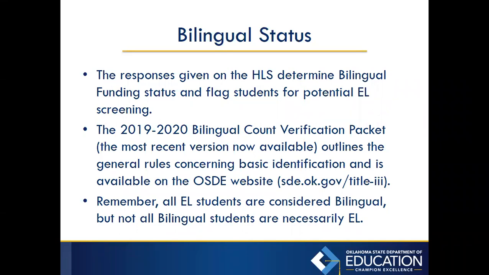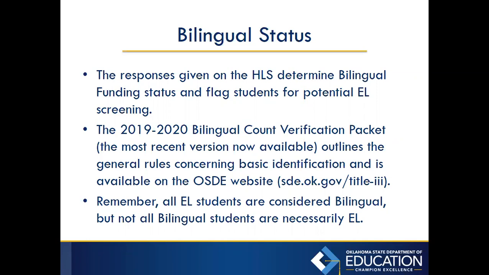It's a status. It does not simply mean that the student speaks two languages. It's more that the student speaks a language other than English. Anyhow, the home language survey is what's used to determine bilingual funding. So the responses given on the home language survey determine that and flag students for EL screening.